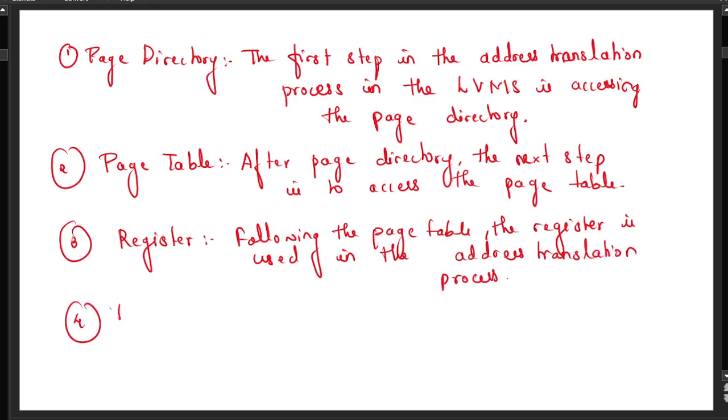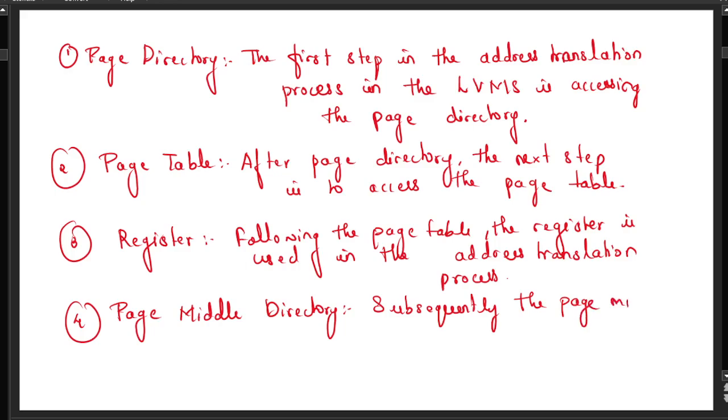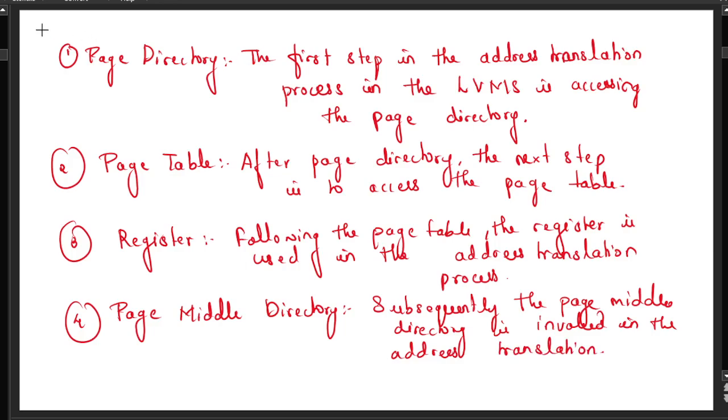Option 4 is page middle directory. So page middle directory is, let's see this, subsequently the page middle directory is involved in the address translation. Now the only thing left is offset.